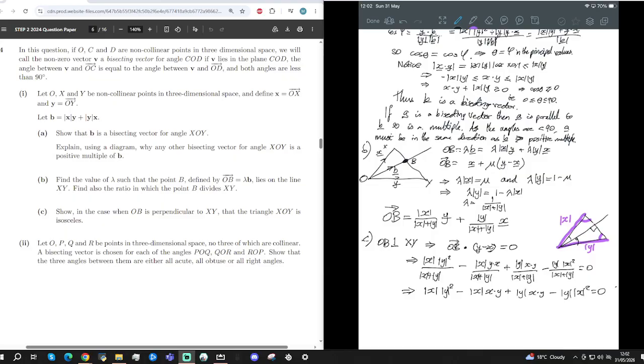Okay, so I've cleared out the denominators and I've got this nonsense here. What can we do with this? There's no obvious common factor. I could try and factorize something.